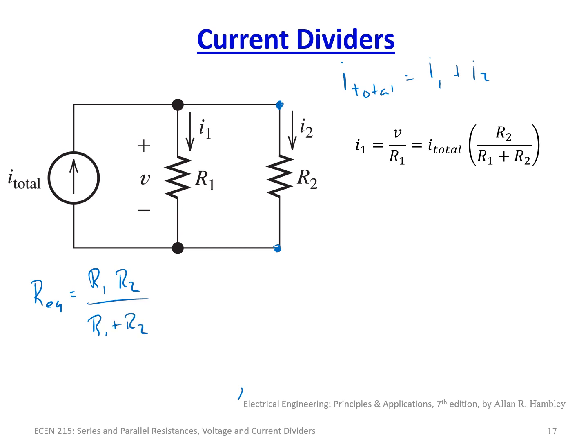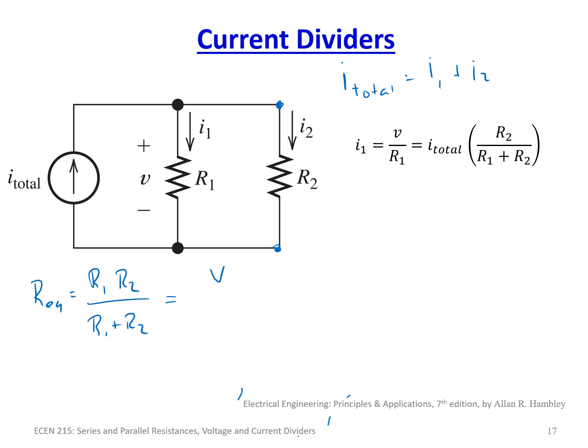So what we're looking for is V over R1, right? The current is the voltage divided by the resistance.